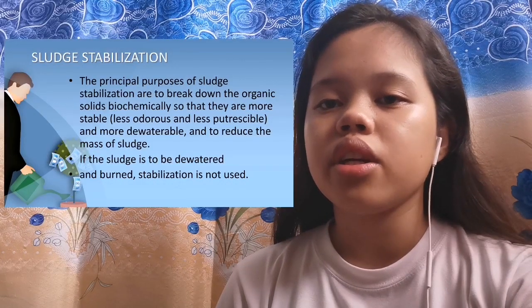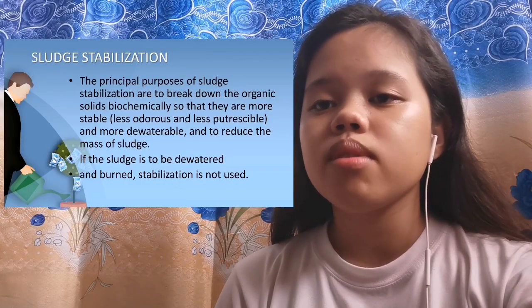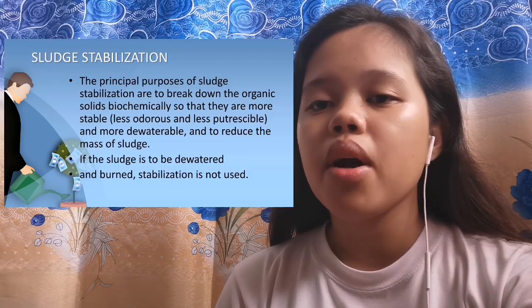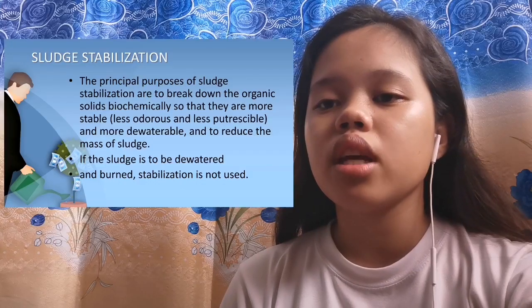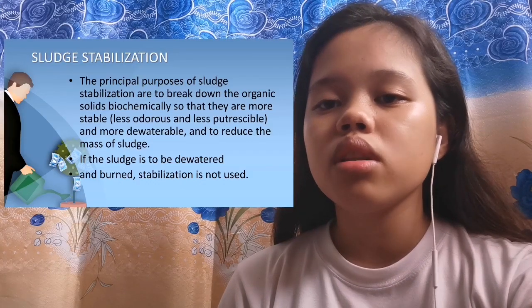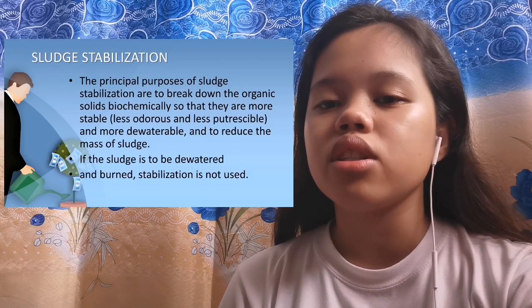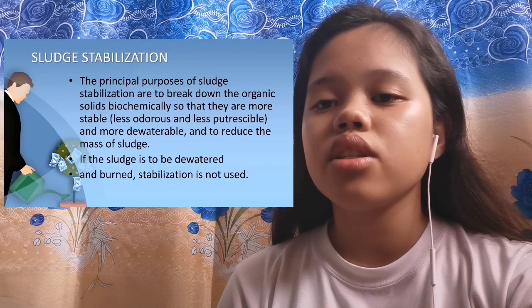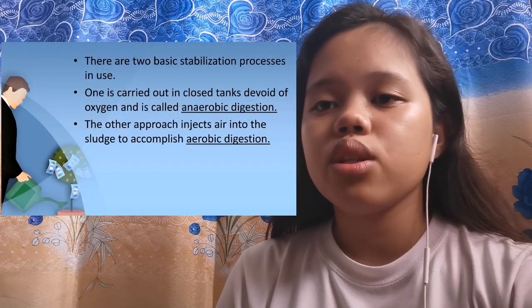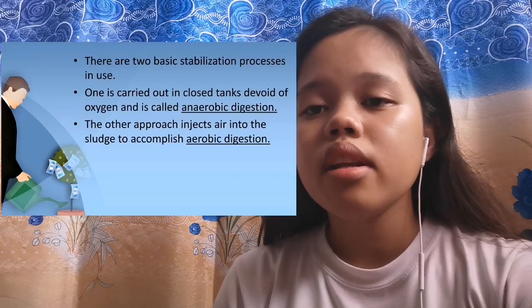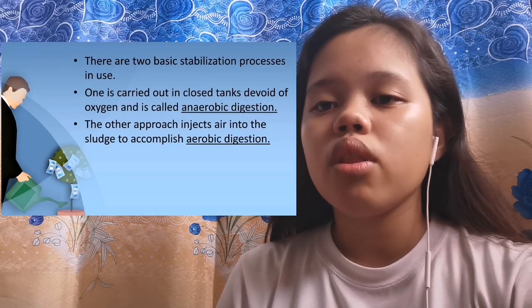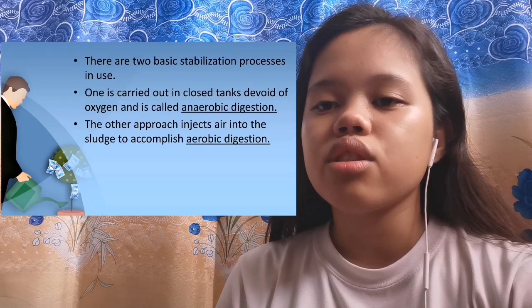Sludge stabilization. The principal purposes of sludge stabilization are to break down the organic solids biochemically so that they are more stable and more dewaterable, and to reduce the mass of sludge. If the sludge is to be dewatered and burned, stabilization is not used. There are two basic stabilization processes in use. One is carried out in closed tanks devoid of oxygen and is called anaerobic digestion.